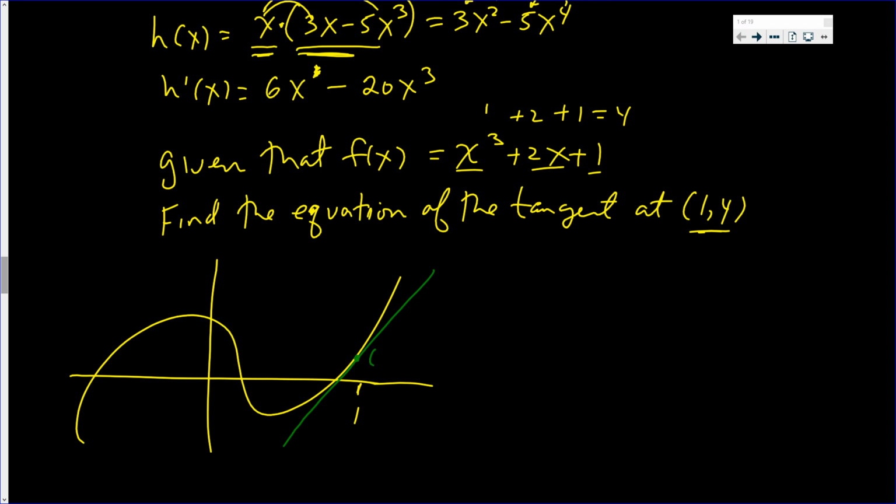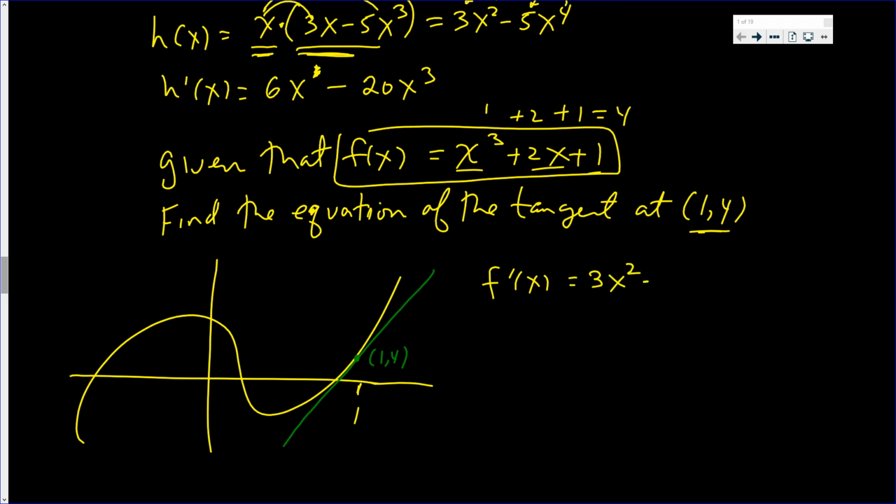Well, I know a point, 1, 4. Either I need another point or a slope. The derivative gives me the slope. F prime of x, this is f of x. F prime of x is 3x squared plus a constant times x is just a constant, and the derivative of 1 is 0.